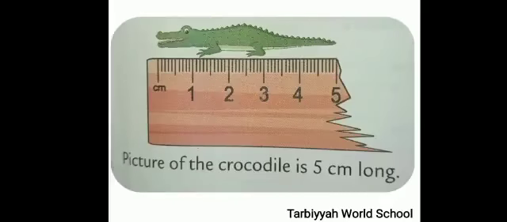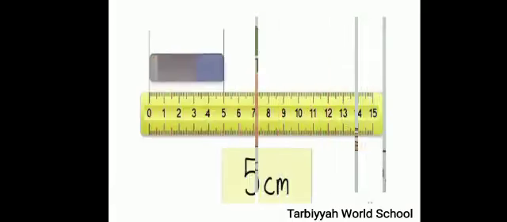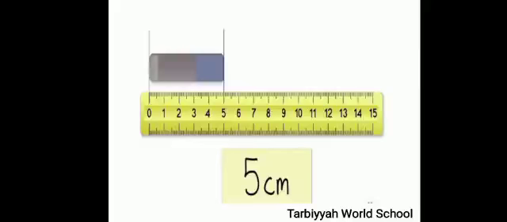Now see the picture of crocodile, and the size of crocodile is 5 centimeters long. Okay, and we can measure the length of this eraser is about 5 centimeter. As you can see where the object is placed, you can see the reading of this ruler.